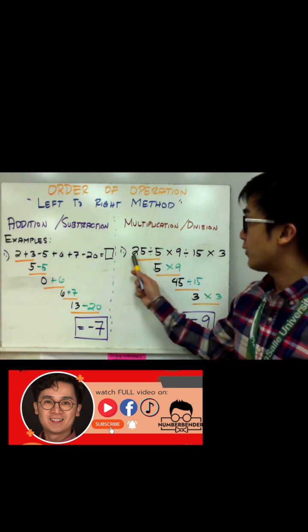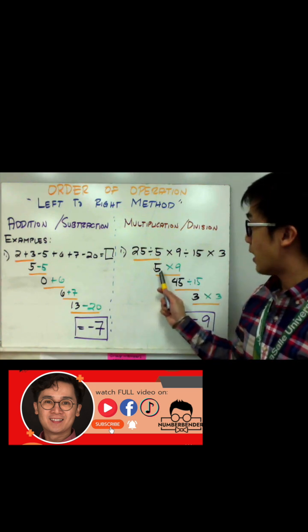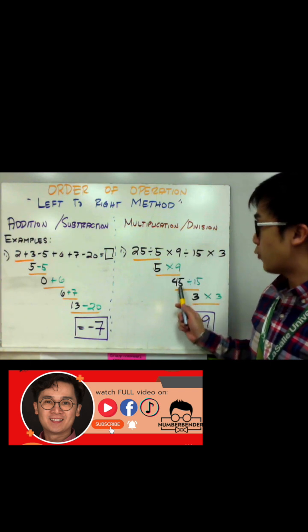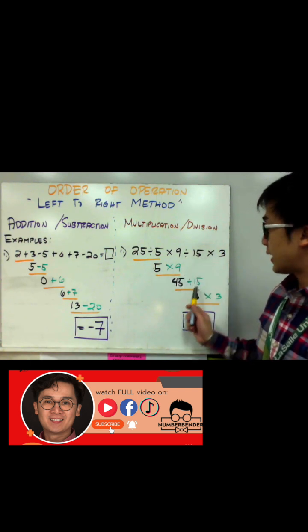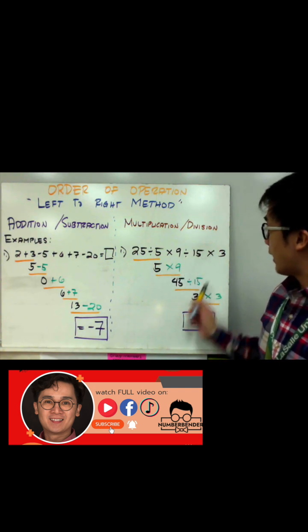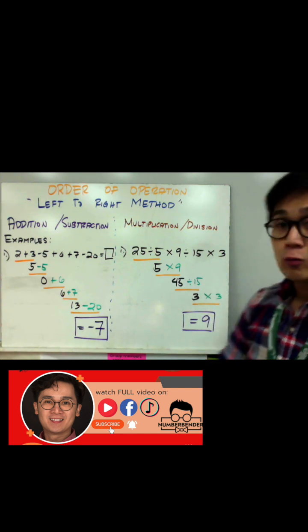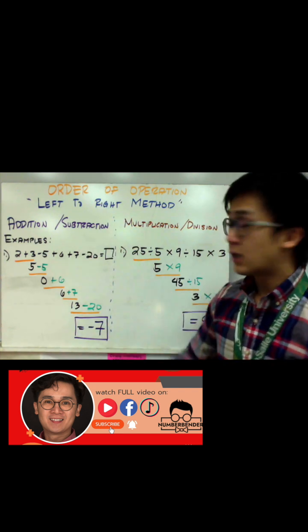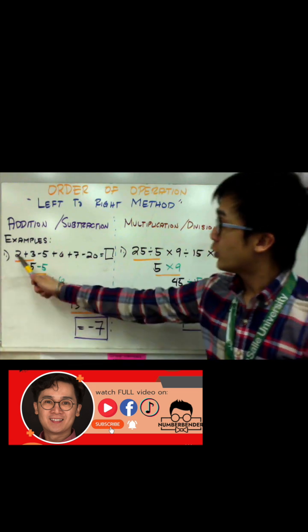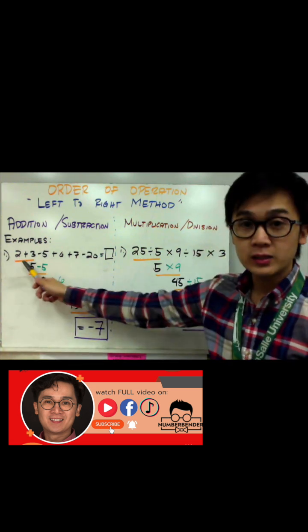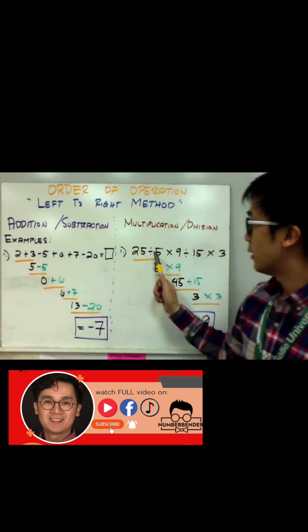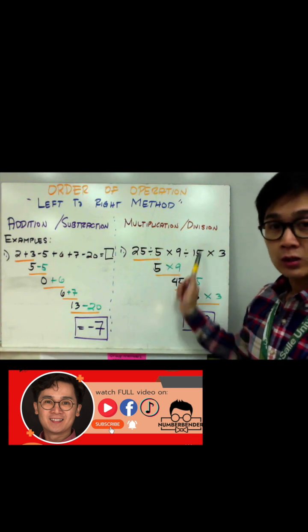So 25 divided by 5 gives me 5, times 9 is 45, divided by 15 is equal to 3, and multiplied with 3 will give you 9. And once again, this method only works if in your problem you only have plus and minus, or division and multiplication.